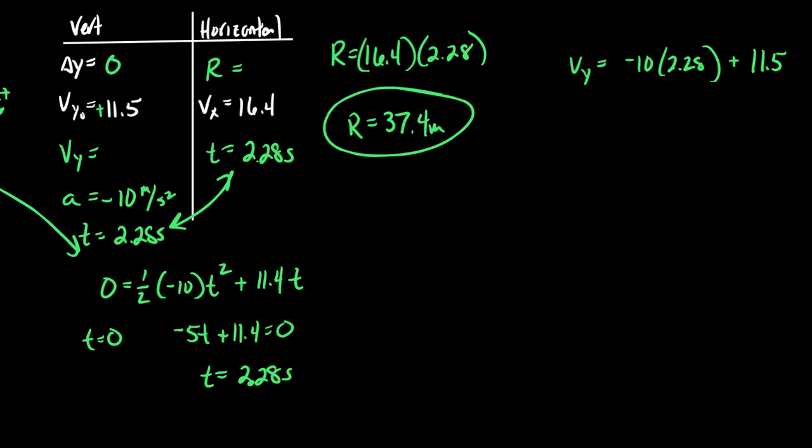I'm not doing this to exploit anything. I think it's going to be moving downwards when it hits the ground. In fact, I think our answer for Vy is going to be negative 11.5, or really close to it. And that's because I think it's going to be going downwards the same speed it went upwards, because we're landing at the same height. Does that make sense to all of you?